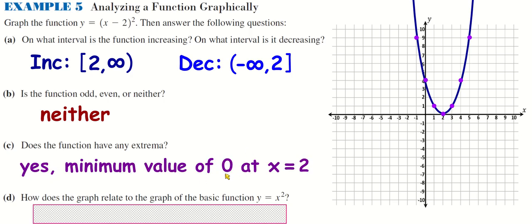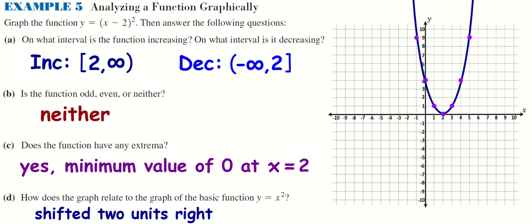Remember, the minimum or maximum values are y values, and then the x coordinate would be like a location of that min or max value. How does the graph relate to the graph of the parent function? I already kind of hinted at that at the beginning. Shifted 2 units to the right.